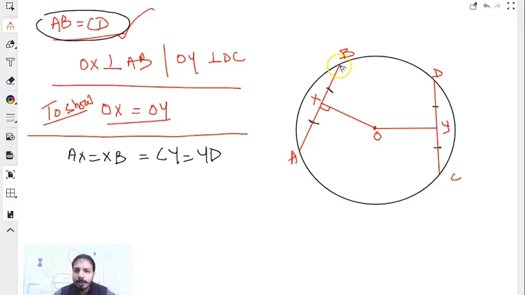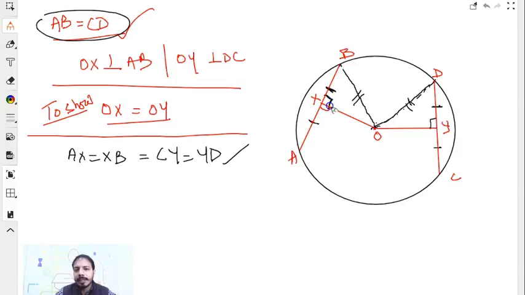Now let me draw two triangles here. This is 90 and this is 90. In these two triangles, this is the radius and this is the radius, so OB is equal to OD, as both of them are radii. And XB is equal to YD, which we have just shown here.